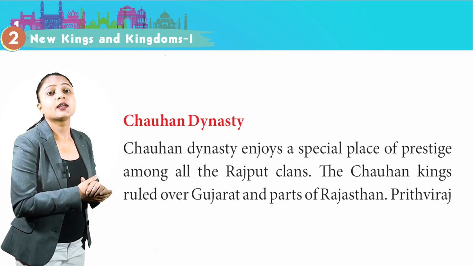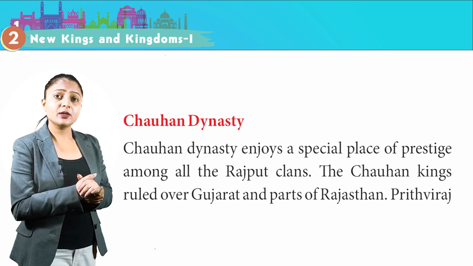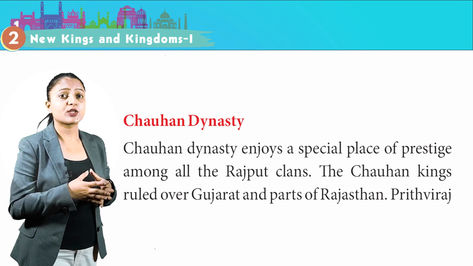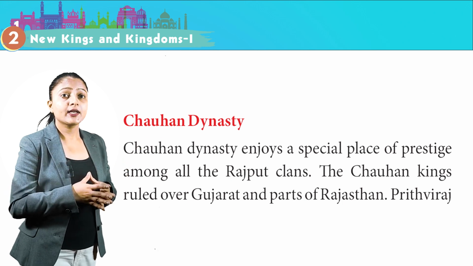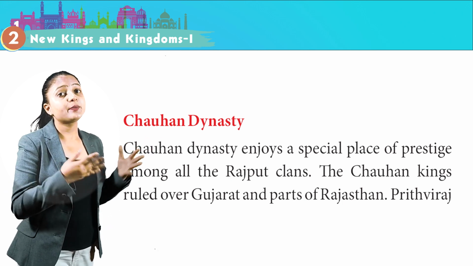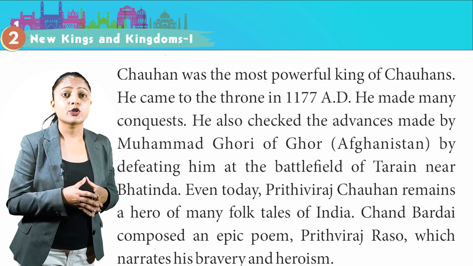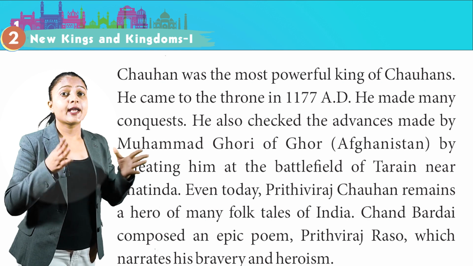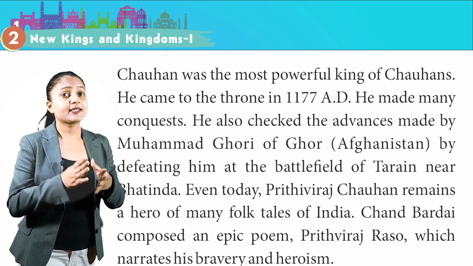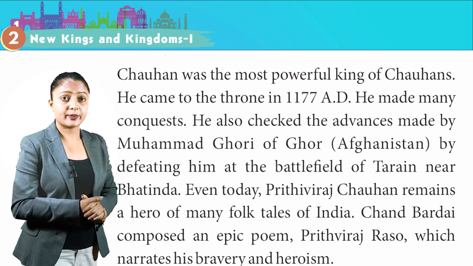Chauhan dynasty. Chauhan dynasty enjoys a special place of prestige among all the Rajput clans. The Chauhan kings ruled over Gujarat and parts of Rajasthan. Prithviraj Chauhan was the most powerful king of Chauhans. He came to the throne in 1177 AD. He made many conquests.